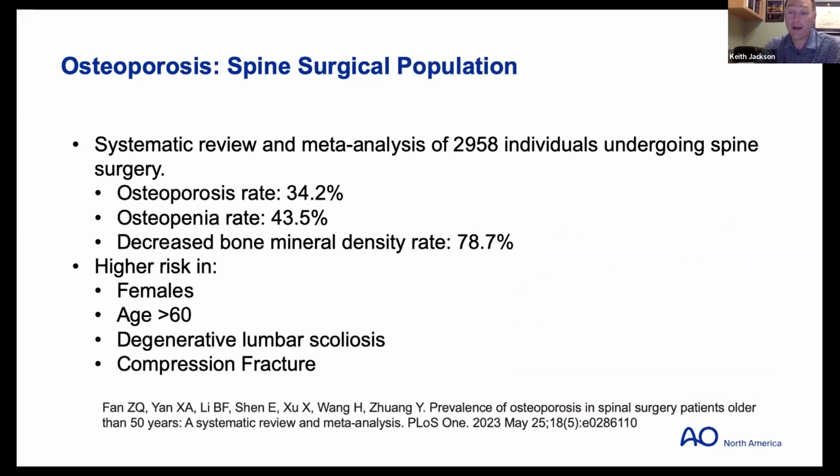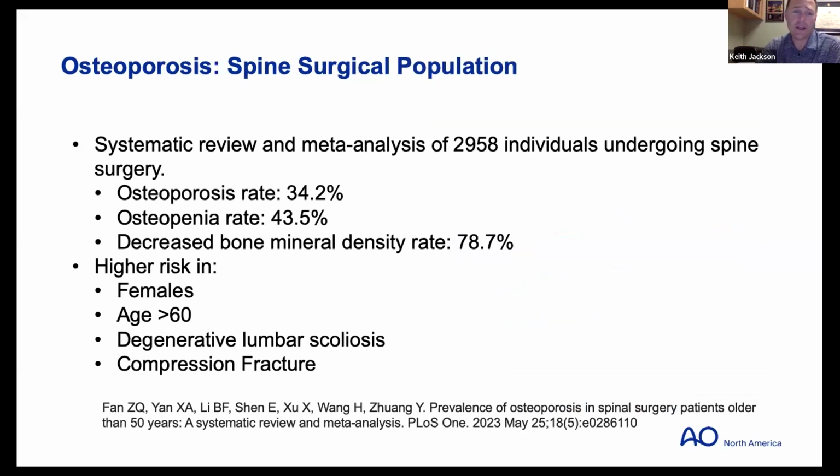When we look at the specific population that is undergoing spine surgery, we see high rates of both osteoporosis and osteopenia. In a systematic review and meta-analysis of 2,958 patients, Fan reported an osteoporosis rate of 34.2% and an osteopenia rate of 43.5%.